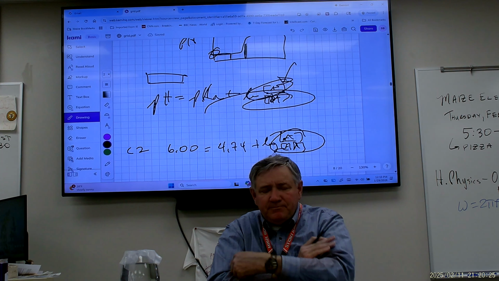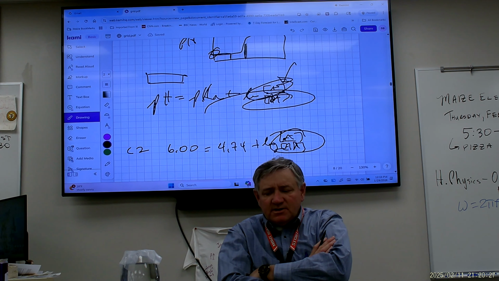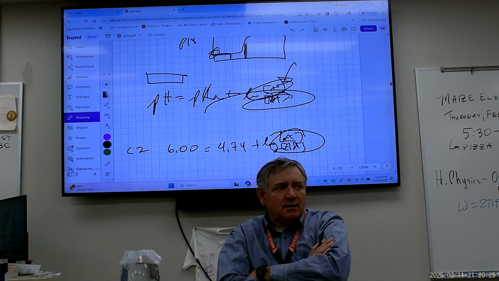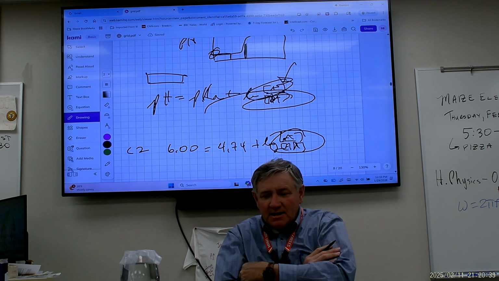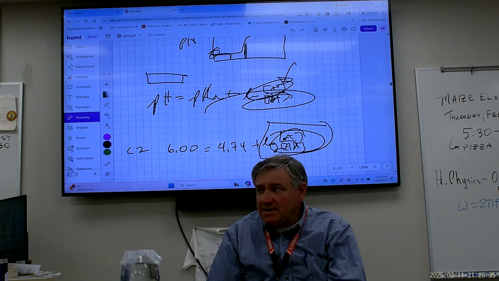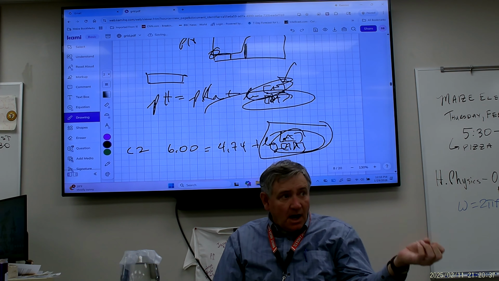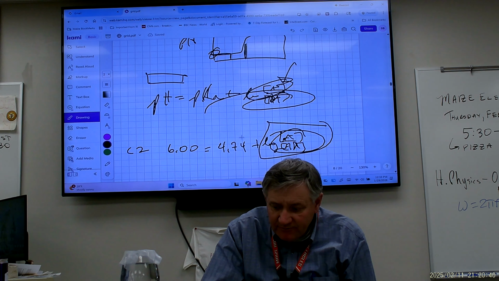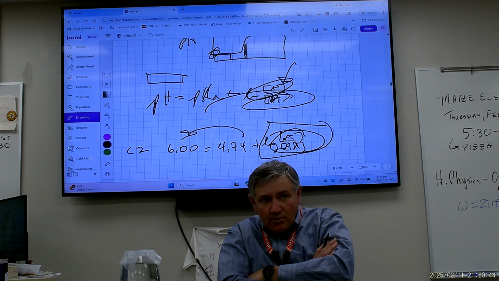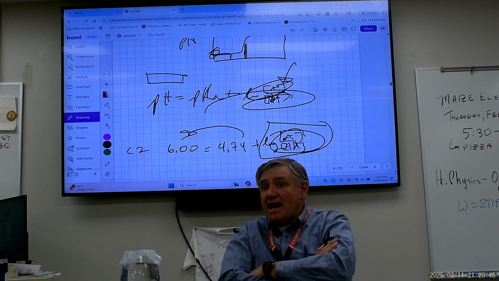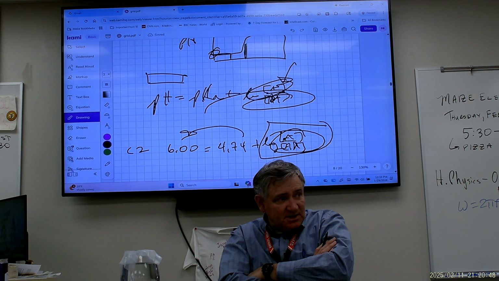Which number has to be bigger, the anion concentration or the concentration of the acid? Why? This whole thing has to be a positive number when you take the log of it, so that when you add it to 4.74, you get 6. So you know your anion concentration has to be bigger than the concentration of the acid.